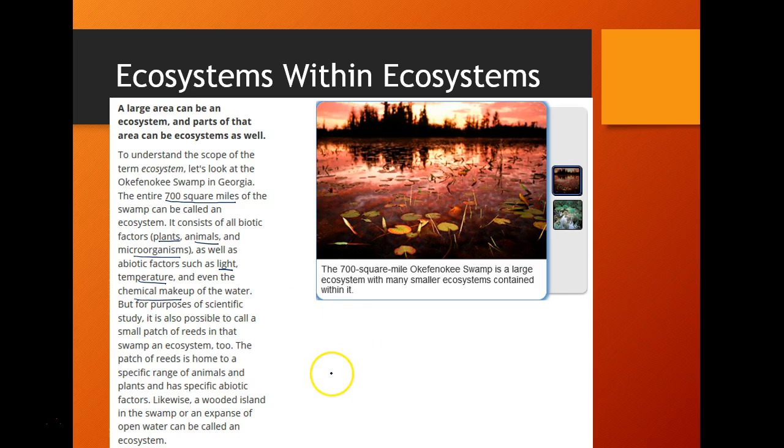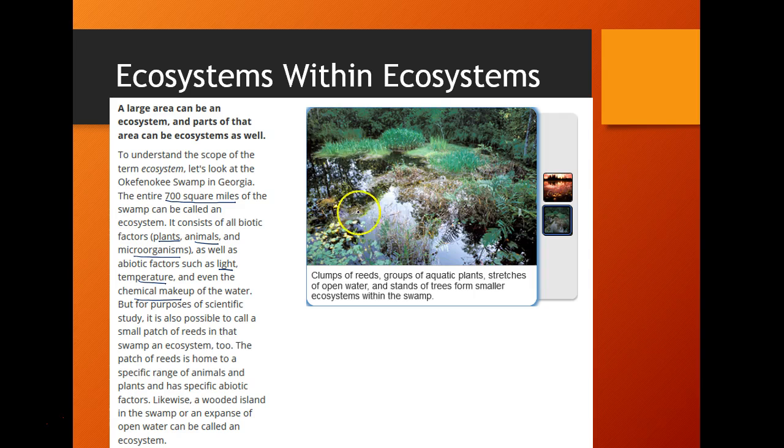But we can also look within the swamp and we can see even smaller ecosystems within that larger ecosystem. So if we were to look in a smaller section of the swamp, we would see clumps of reeds or groups of aquatic plants. All of these could be smaller ecosystems.